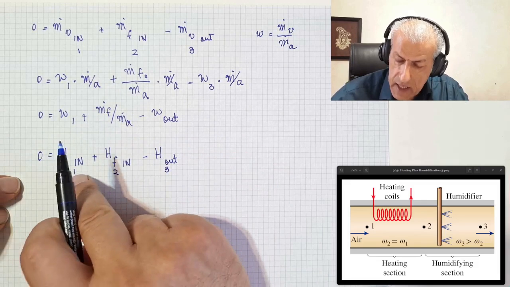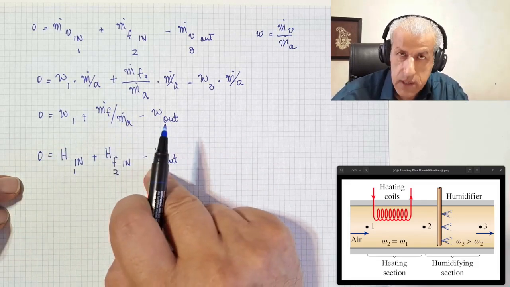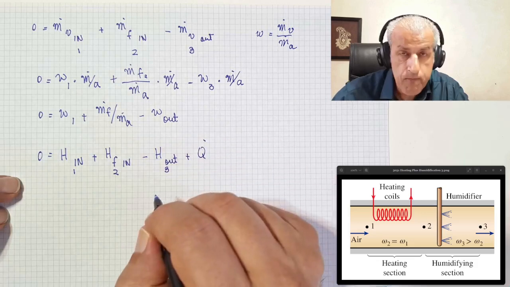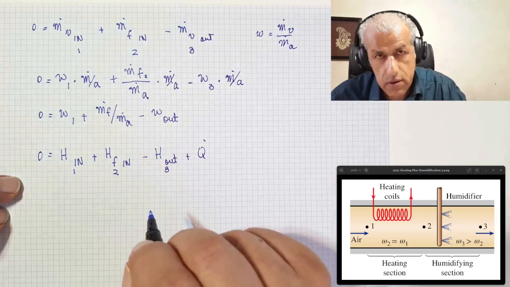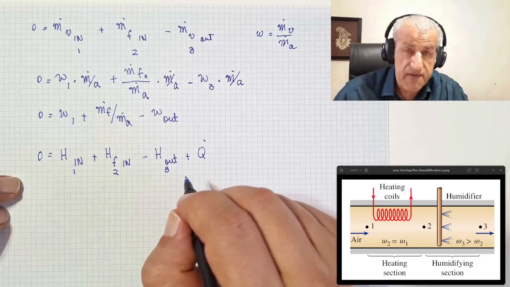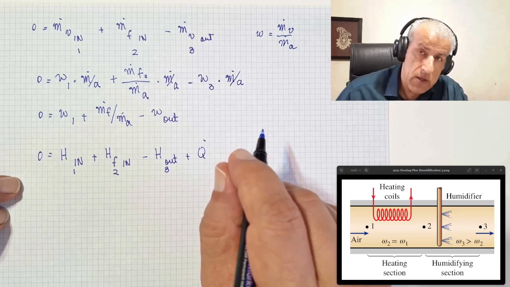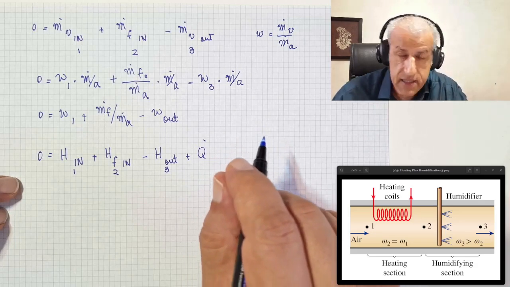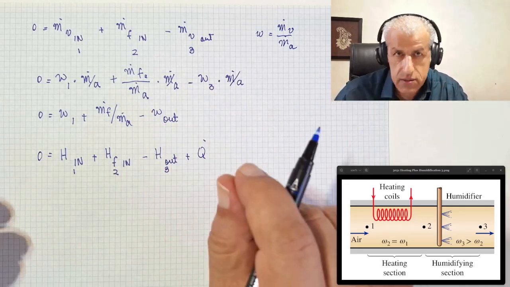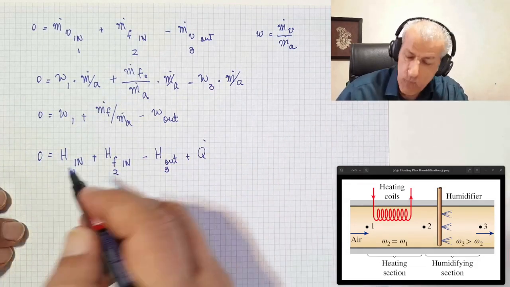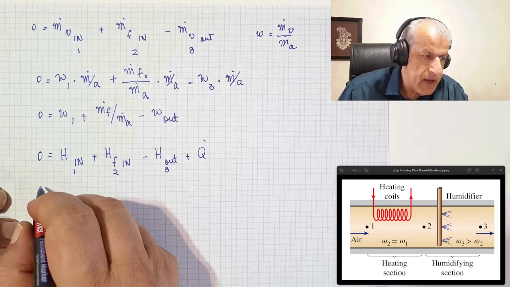These are the incoming enthalpies, outgoing enthalpies, and plus Q dot. And of course, there's no work done. If there was a fan in the system, then we would have to calculate the work done. But as it is, the fan is outside this control volume, and so we don't need to do that. Now we can simplify it.